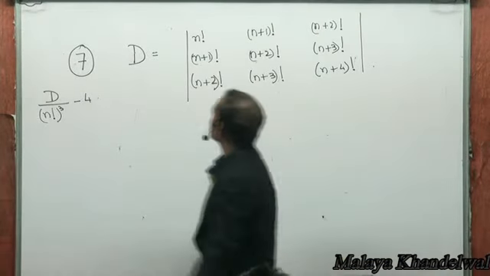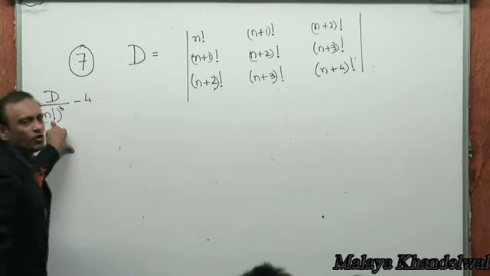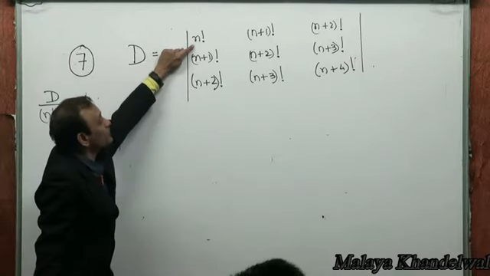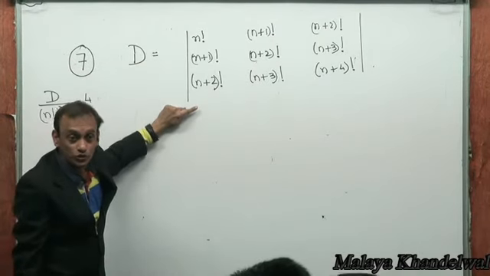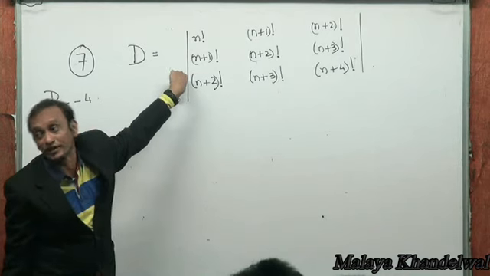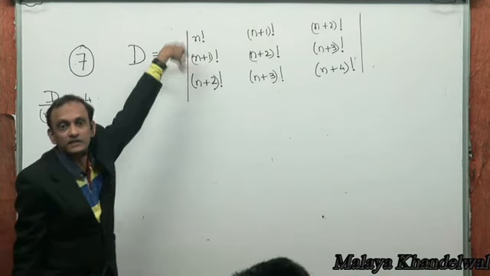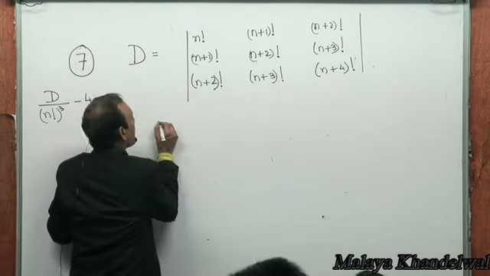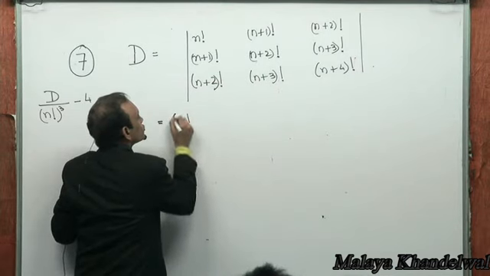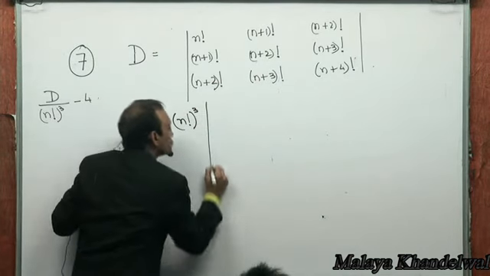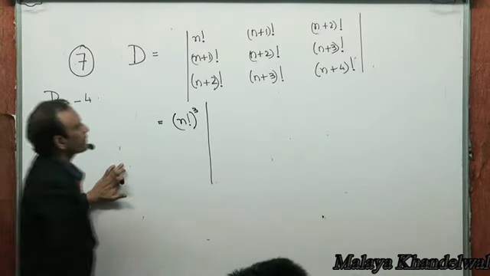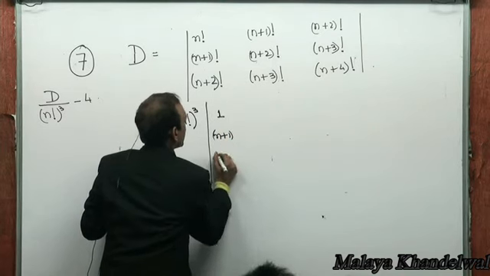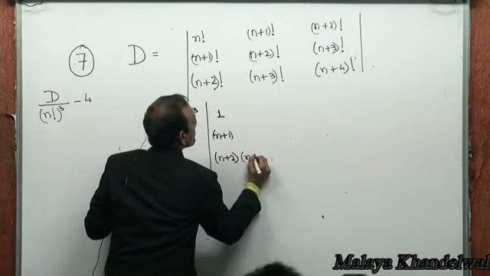Clear? Now, first of all, let me somehow obtain d by n factorial cubed. I could have taken n factorial common from the first, second, and third rows, giving me an n factorial cube in the very first place. You know what I'm saying? Take n factorial common from the first, second, and third rows right away. So when you do that, you get an n factorial cube wriggling out, right? Then this would be 1, n plus 1, (n plus 2) into (n plus 1).